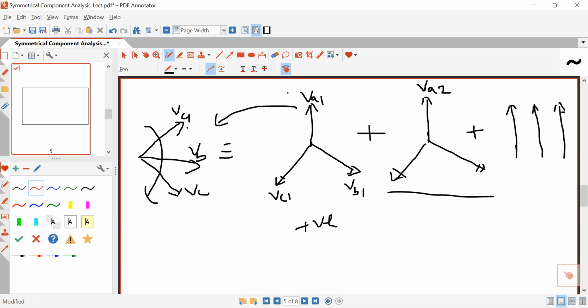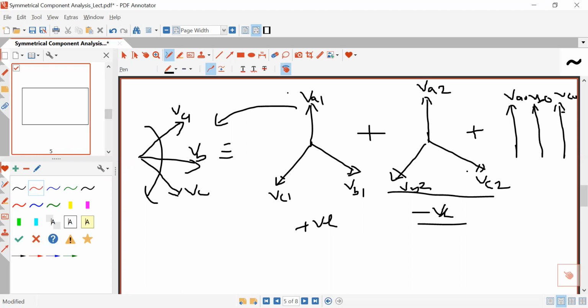The phase sequence of the original phasor is ABC, but the phase sequence of this phasor will be ACB. This is called negative sequence. And the last phasors will be parallel to each other, and this is called the zero sequence component. So this is called the Fortescue theorem.